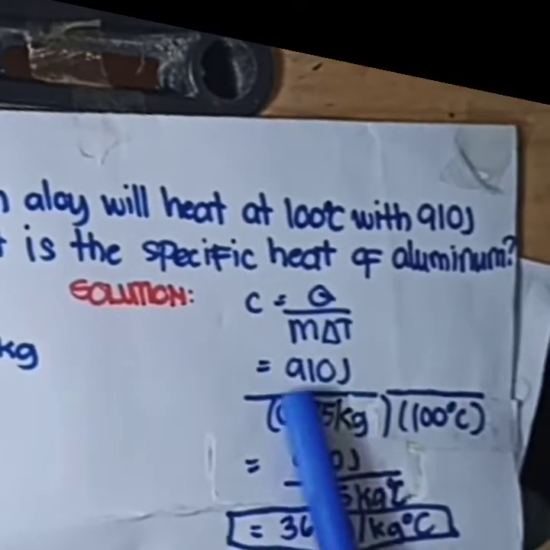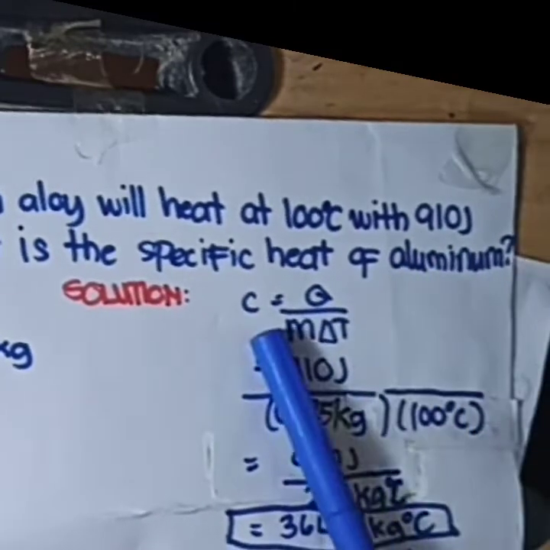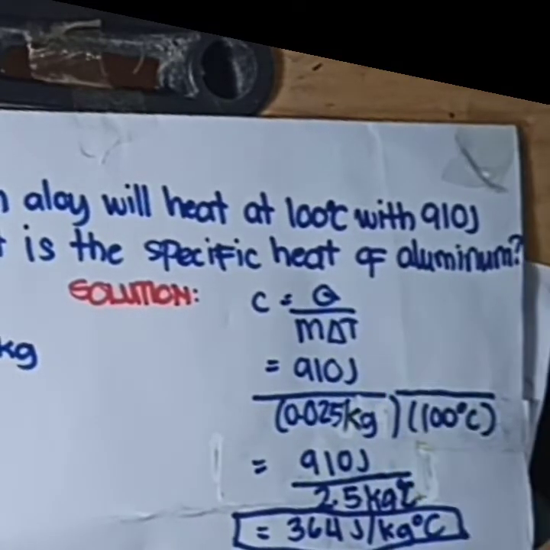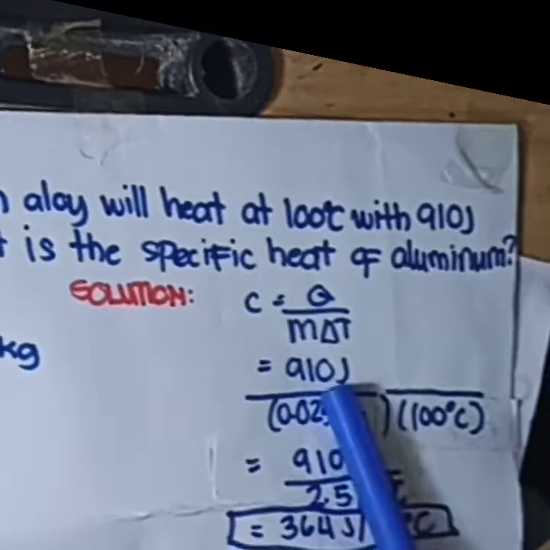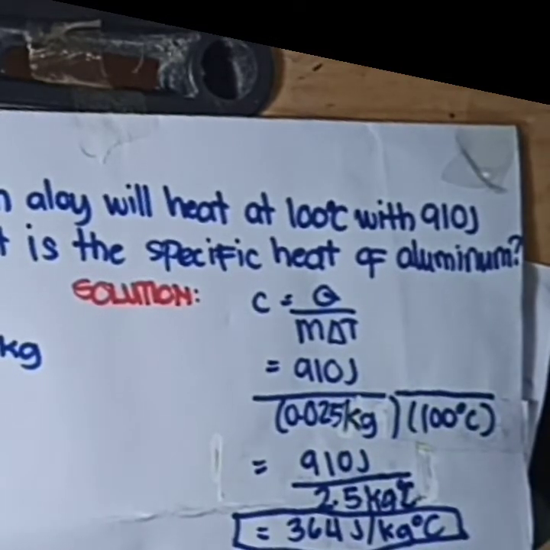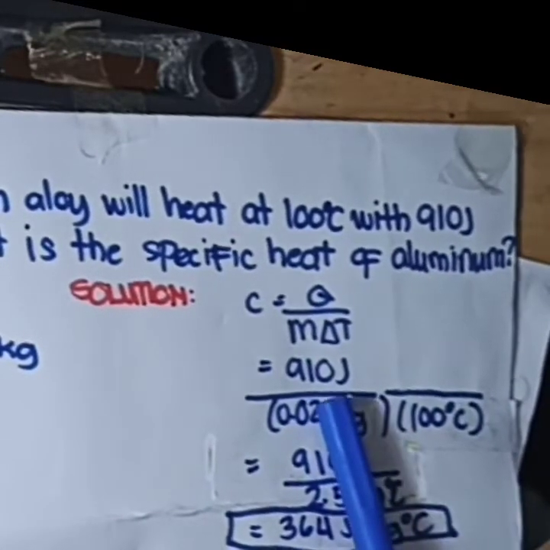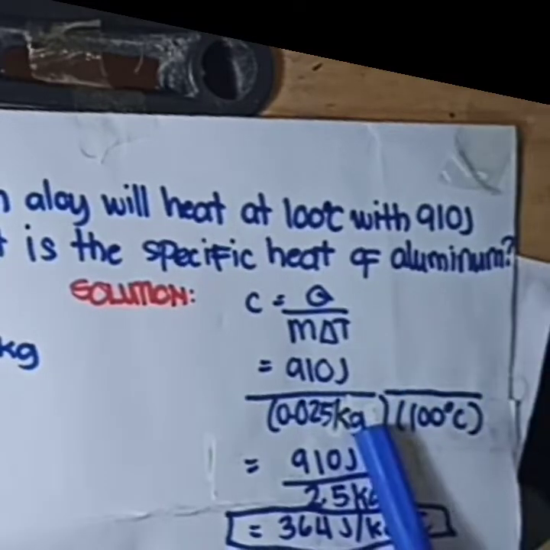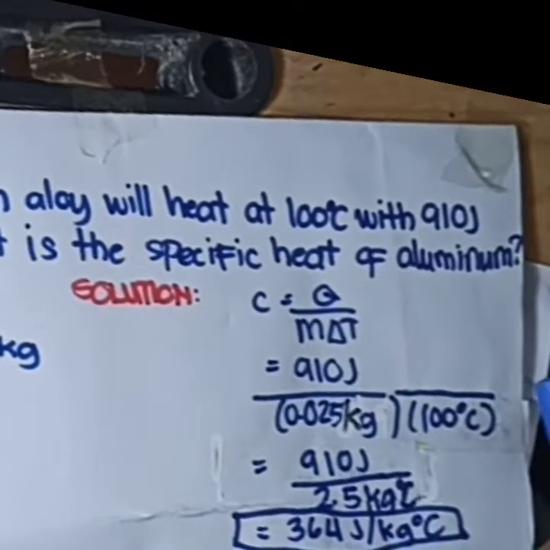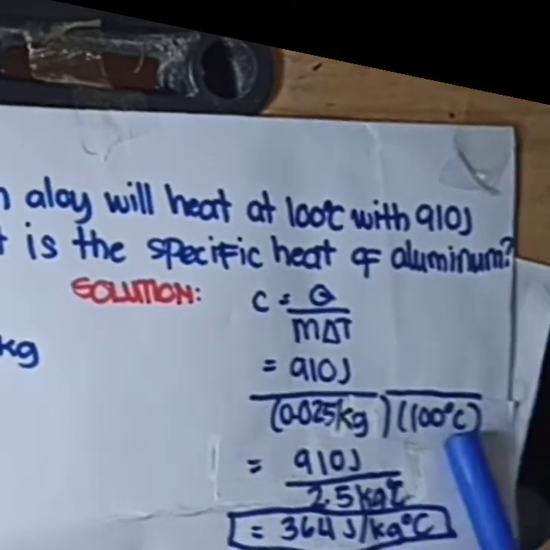Now, let's proceed to the solution. We have here the formula for getting the specific heat of aluminum, which is specific heat is equal to heat evolved over mass times change in temperature. Next, we're going to put in the given. So we have here 910 joules over 0.025 kilograms times 100 degrees Celsius.